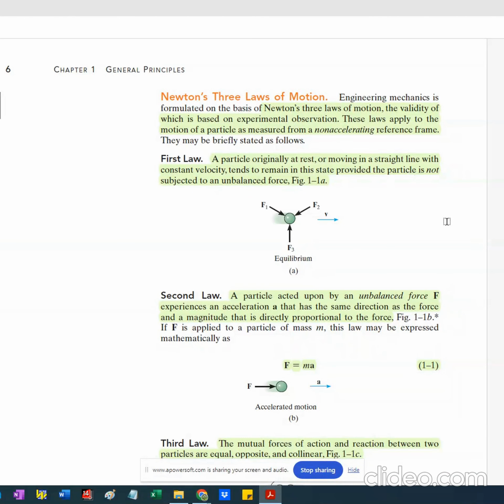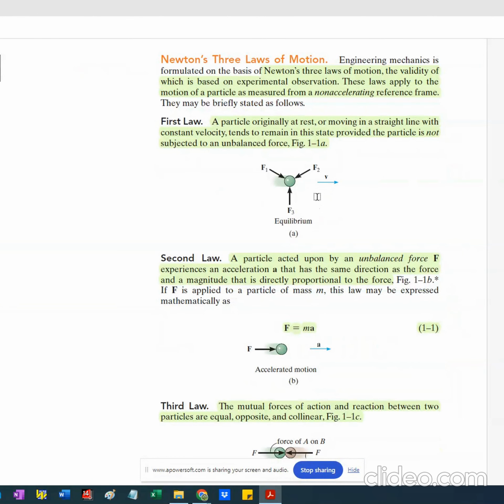The first one says that a particle acted upon by forces that are in equilibrium will remain stationary or will move at constant velocity. The second law takes the case where there is a force imbalance, and that results in the particle being accelerated. The velocity is increasing, or it could be a deceleration case.